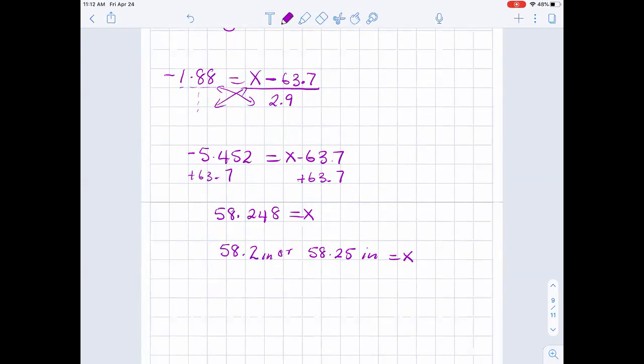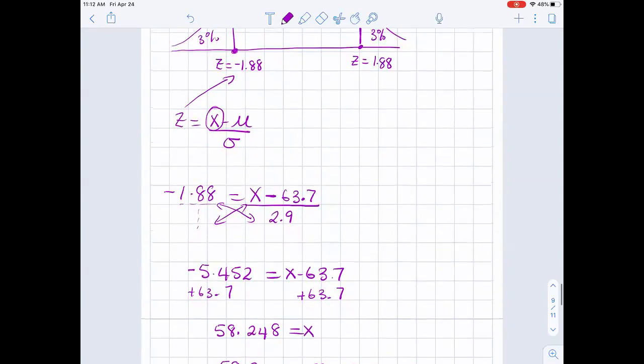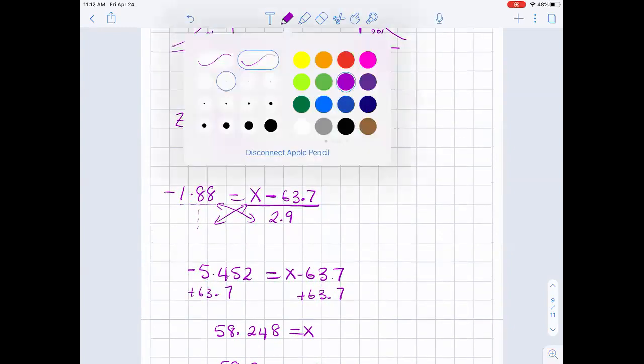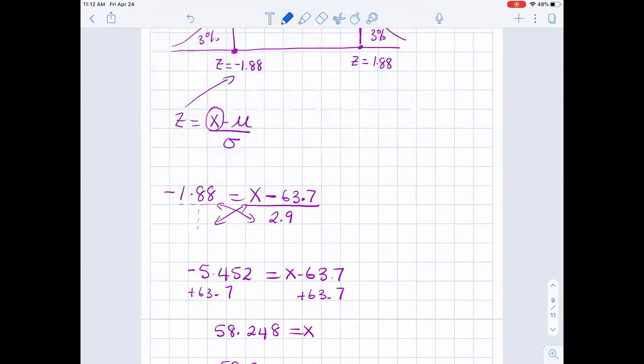Now, what's the tallest you can be? The same thing we have to do for this side now. We have a positive 1.88. Same formula: Z is equal to x minus mu over sigma.